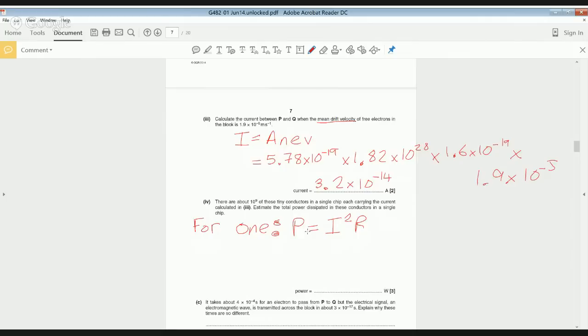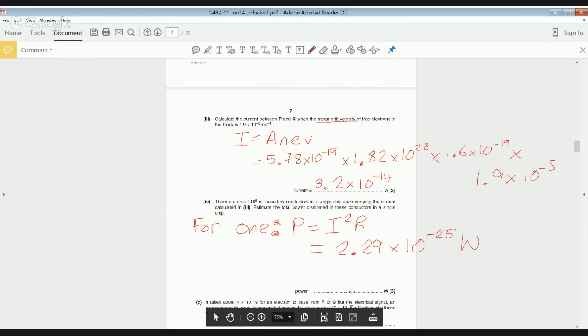So we can plug in our values here for current and resistance, and we will end up with a power per conductor of 2.29 times 10 to the power of minus 25 watts.